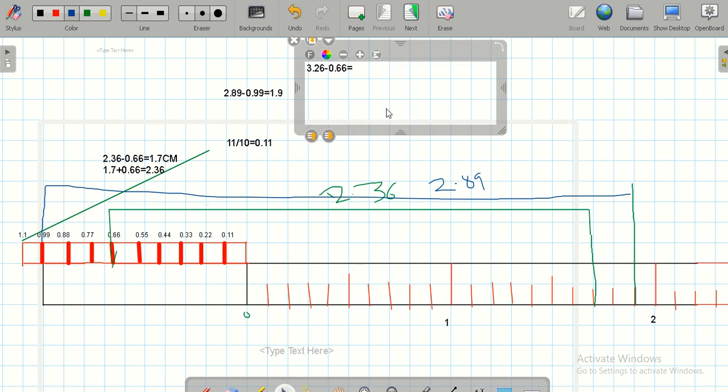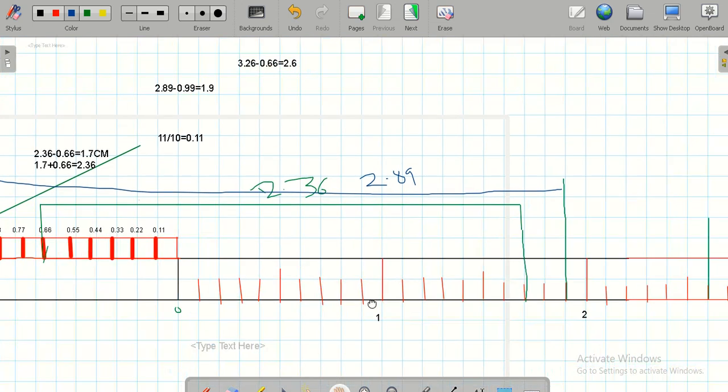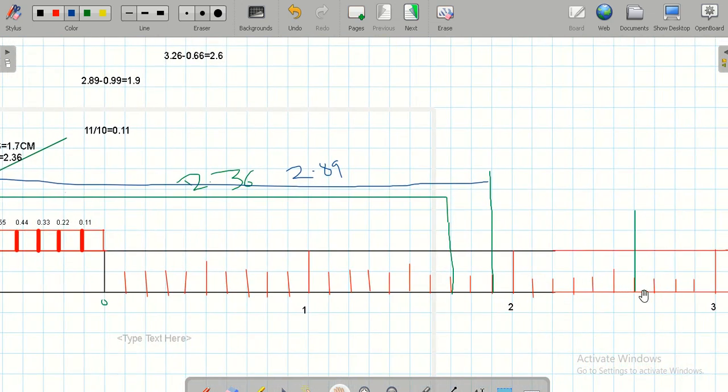Have a calculator with you. 3.26 minus 0.66, what comes? 2.6. Yes, you can measure 2.6 with the normal scale you have. See, this is 2 and this is 2.6. Just measure 2.6. What else do you have to measure?